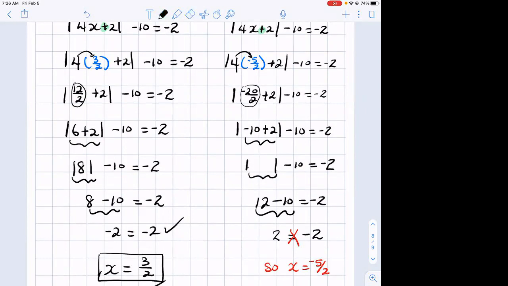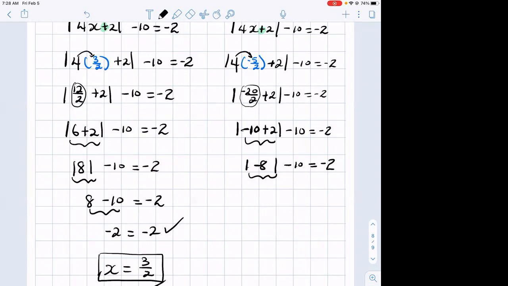Minus 10 plus 2 is minus 8. So that's minus 8, so that means we have to remove this. There's an error.